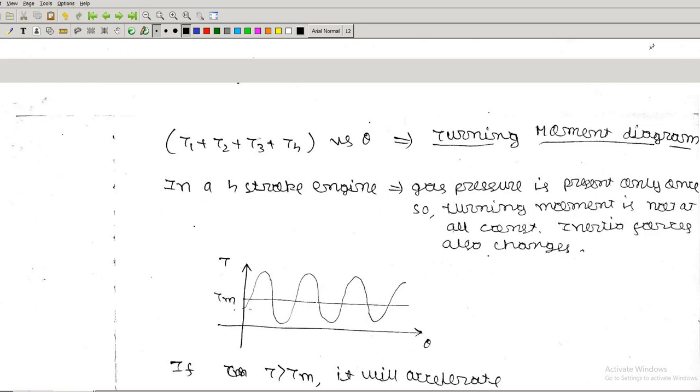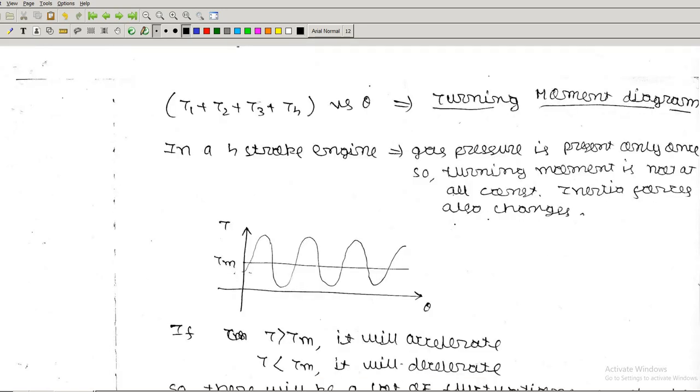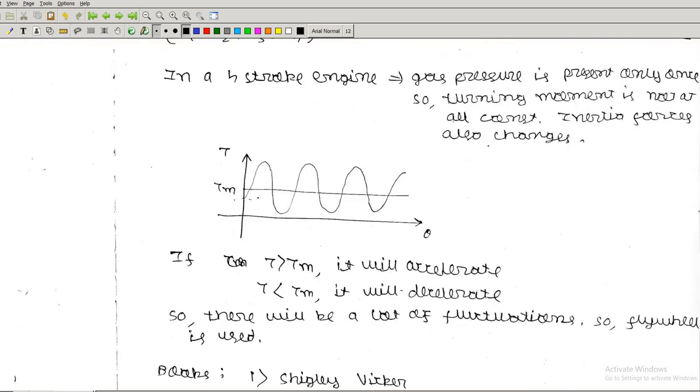So if you think of a 4-stroke engine, just in 1/4 of the whole cycle there is one power stroke. So you can understand the turning moment cannot be constant. The gas pressure is not constant, it is varying, and the inertia force also changes.